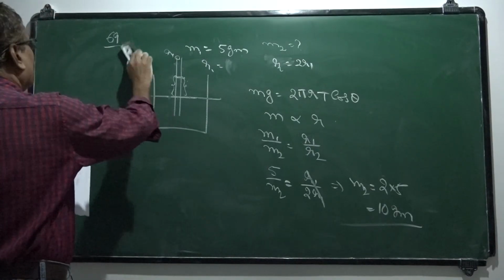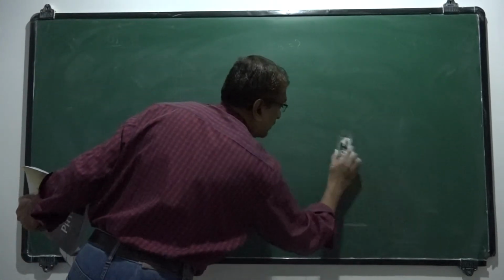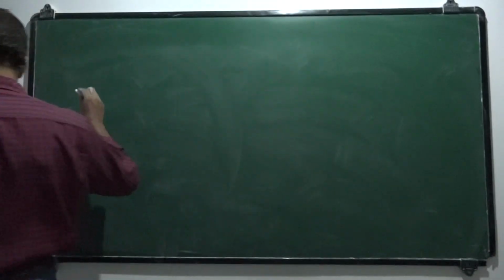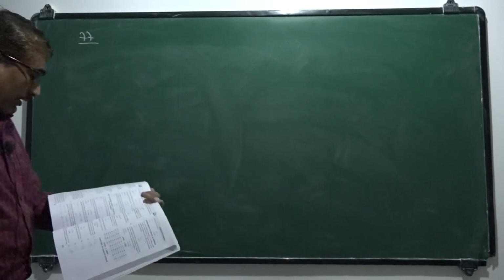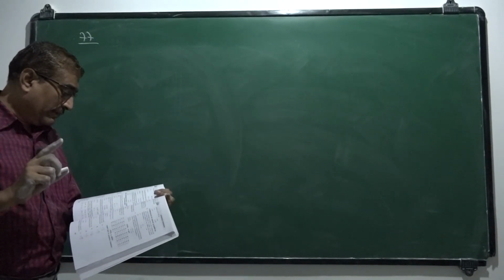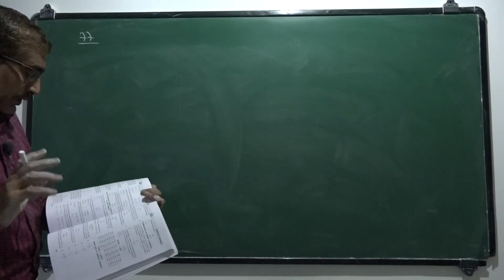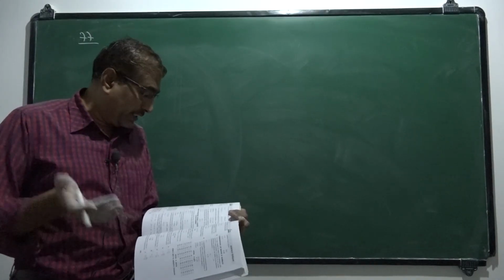Now, this 77. Water rises to a height of 10 centimeter in a capillary tube, and mercury falls to a depth of 3.5 centimeter in the same capillary tube.